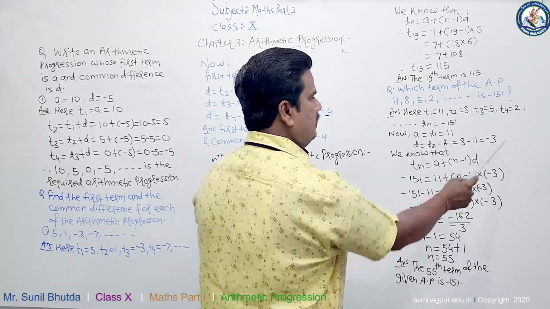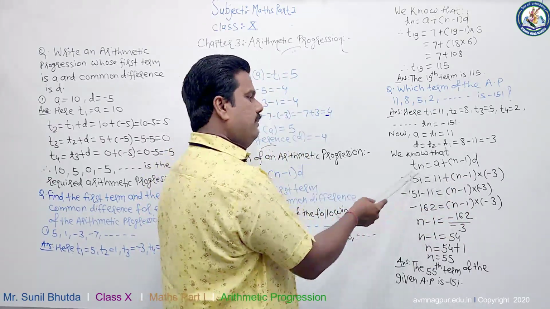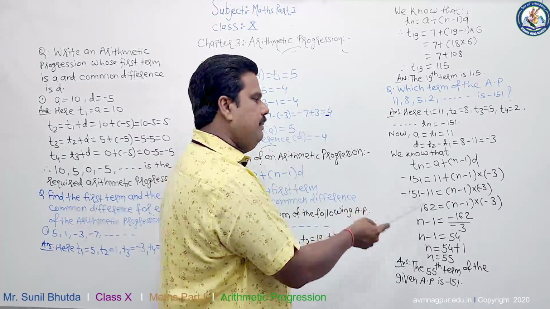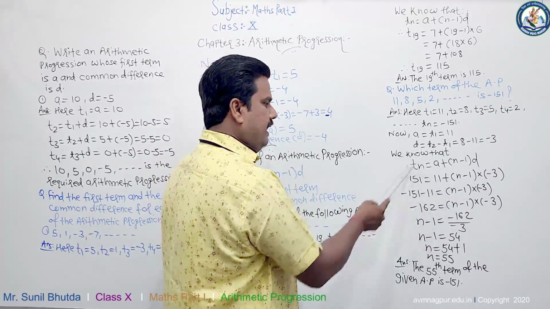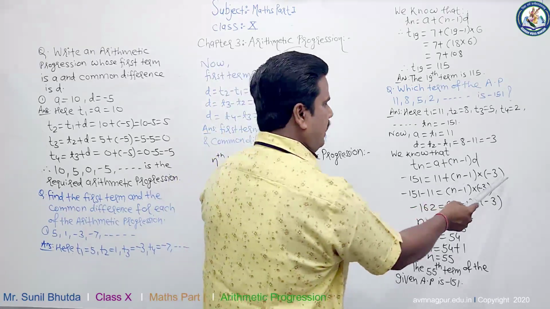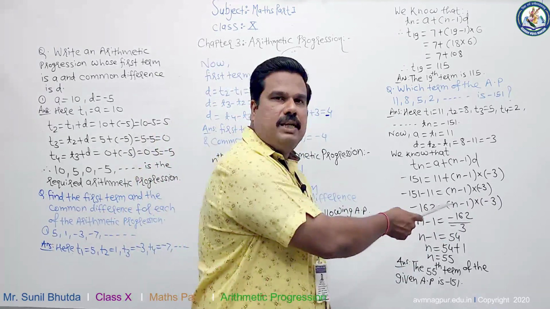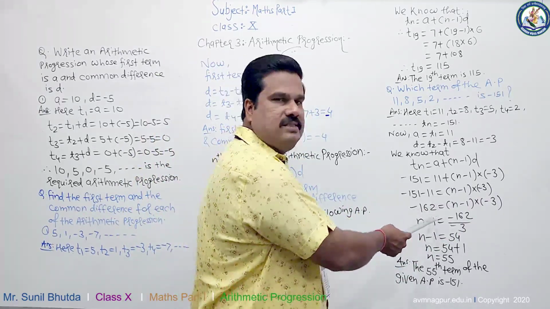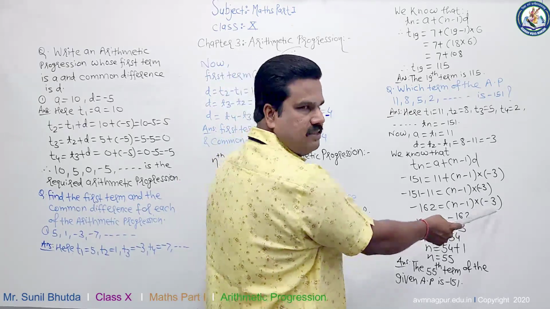The common difference is minus 3. Now transfer plus 11 to the left hand side. It will become minus 11. Minus 151 minus 11 equals (n - 1) into minus 3. Minus 151 minus 11 gives minus 162 equals (n - 1) into minus 3.